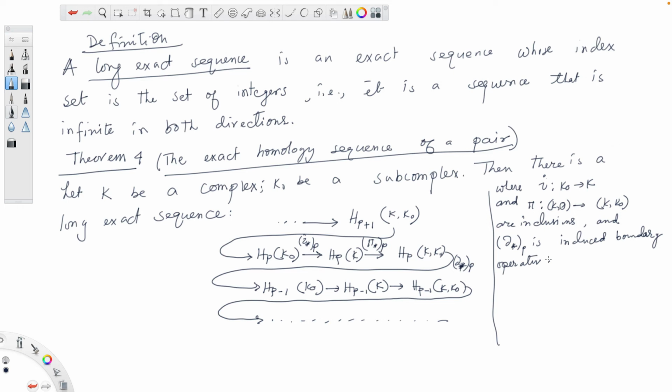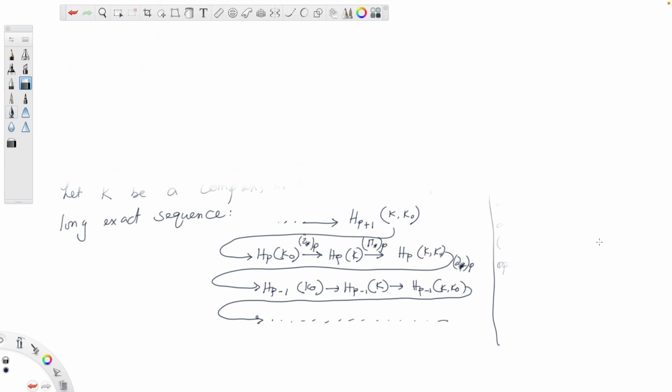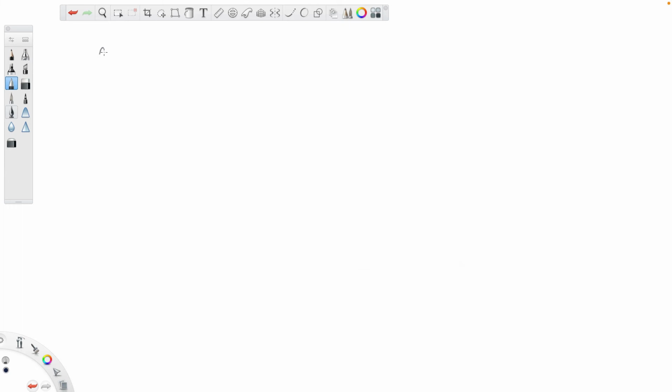There is a similar exact sequence in reduced homology, which is as follows.